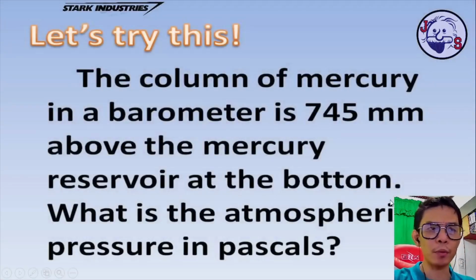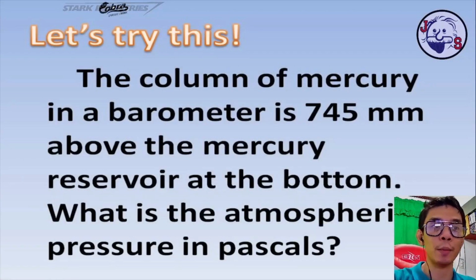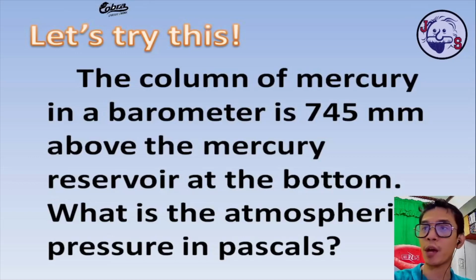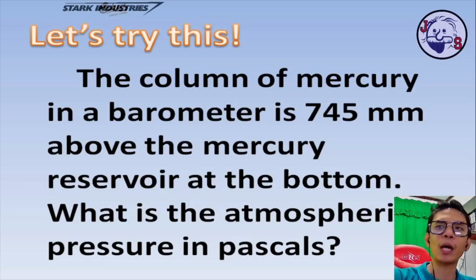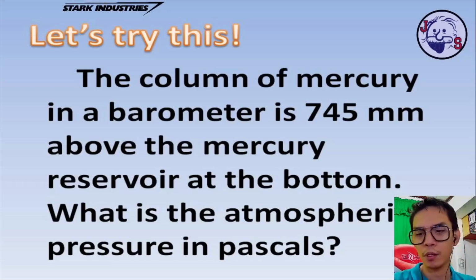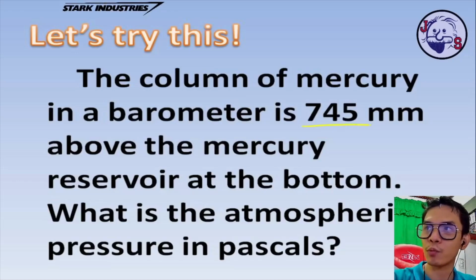Okay, the second problem that we have right here: the column of mercury in a barometer is 745 millimeters above the mercury reservoir at the bottom. What is the atmospheric pressure in pascals? So this is the value that we need to convert into Pascal.